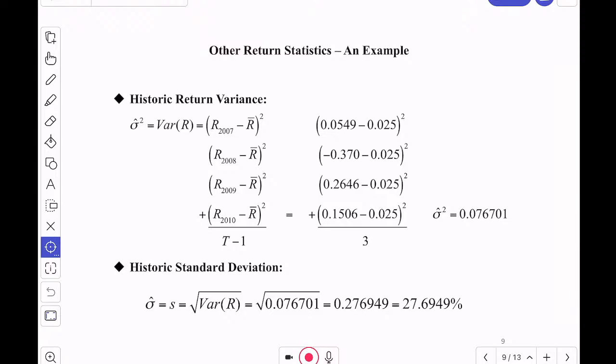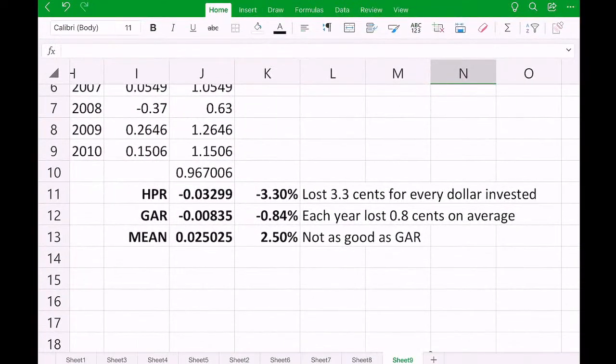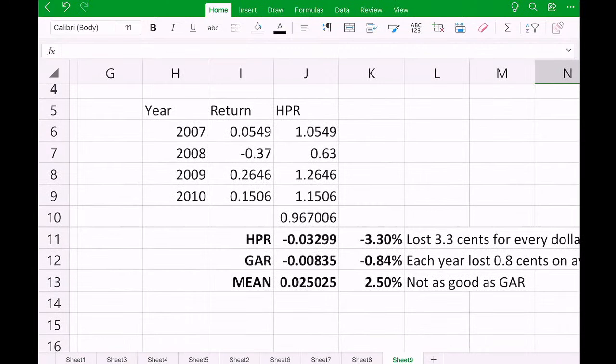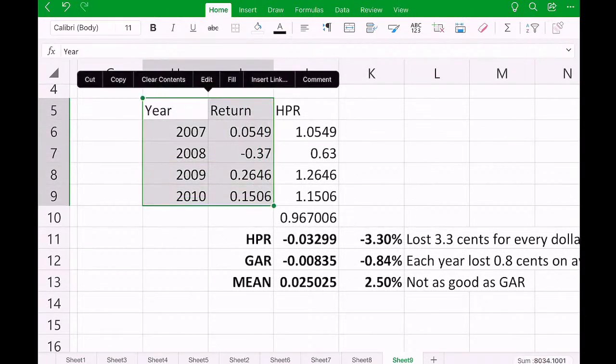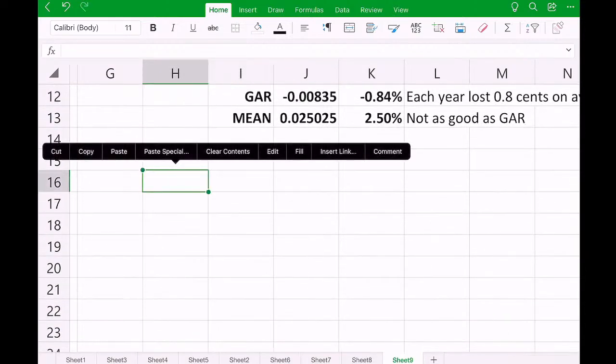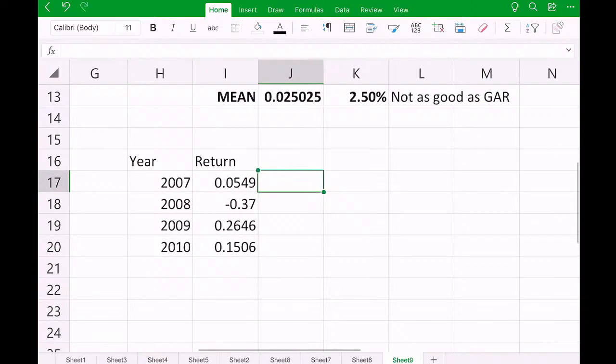So let's go back to Excel and calculate the variance. So how volatile were these returns? I'm going to take this data from here, and let's calculate the variance down here. I think you can just get the variance.